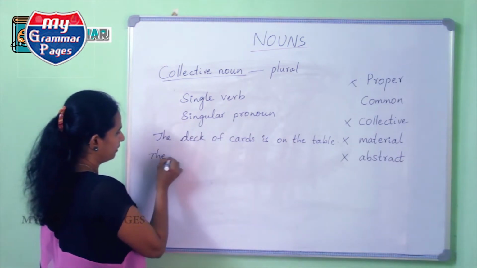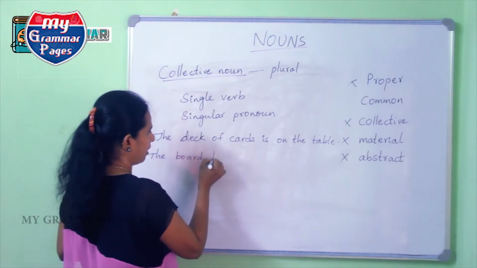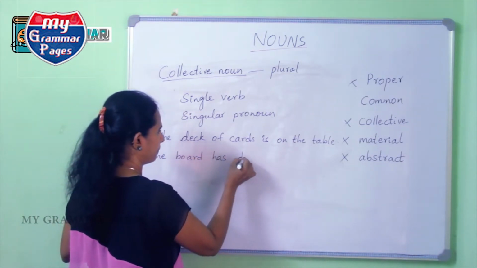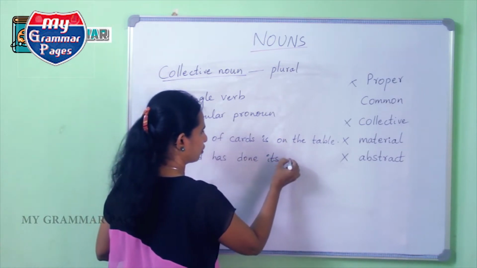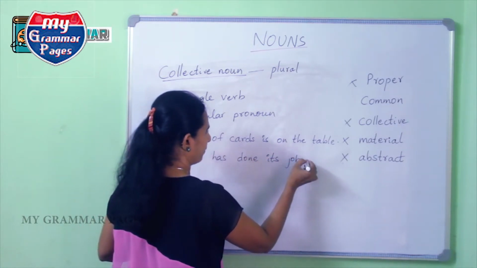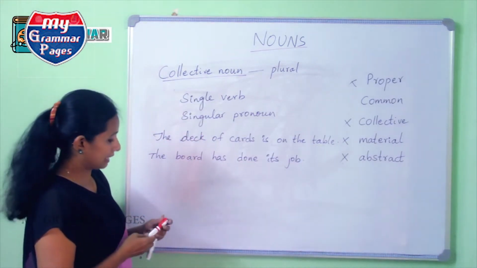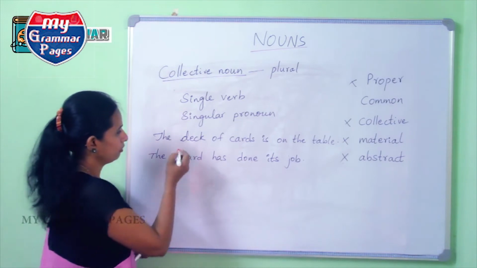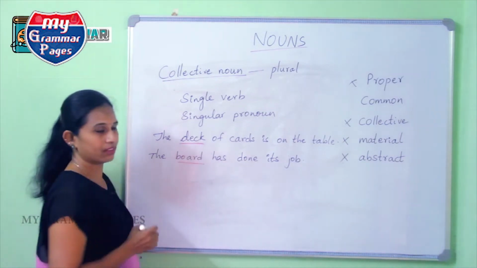The board has done its job. Okay, this is enough. Now, in this, we can clearly identify the collective noun. This is a collective noun, and here it is a collective noun.